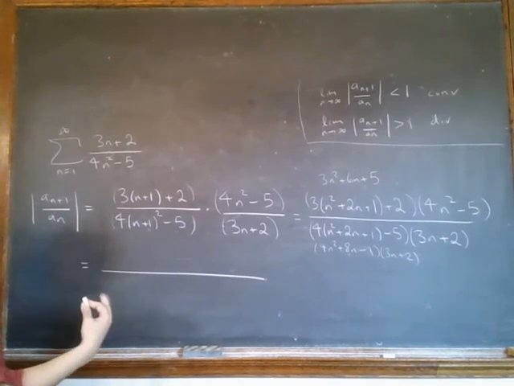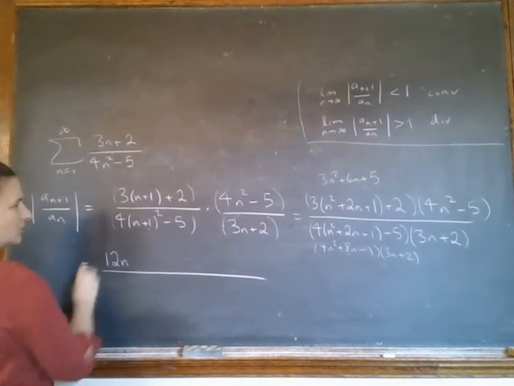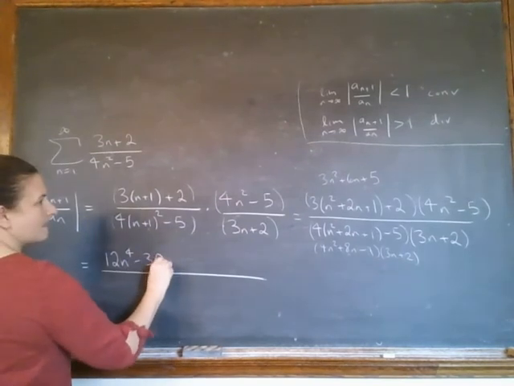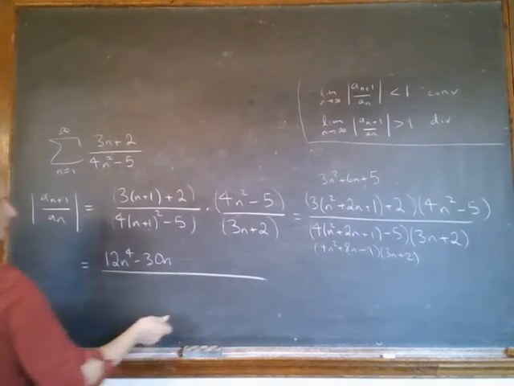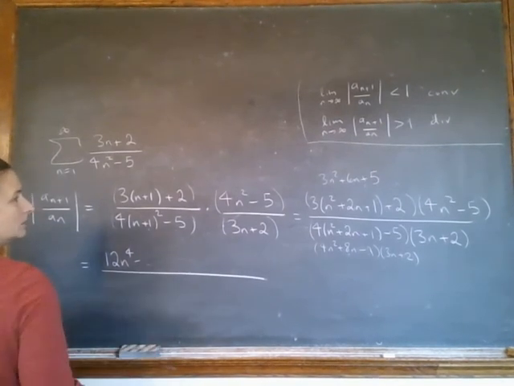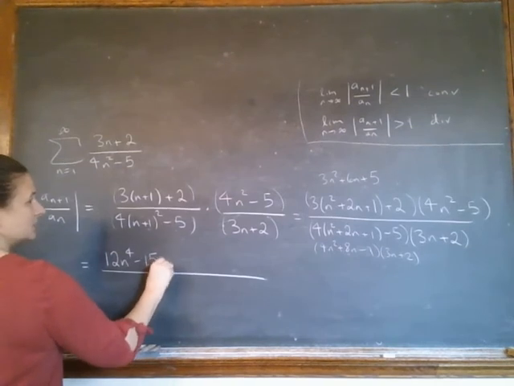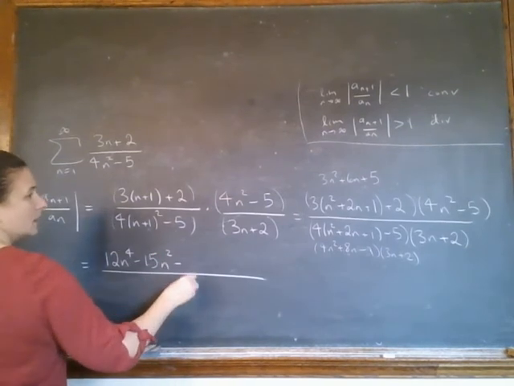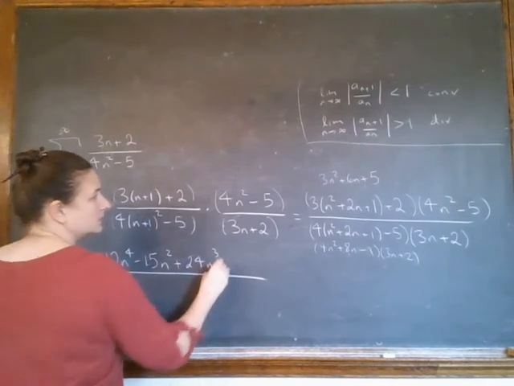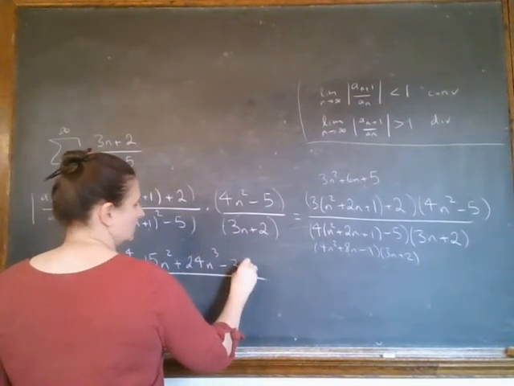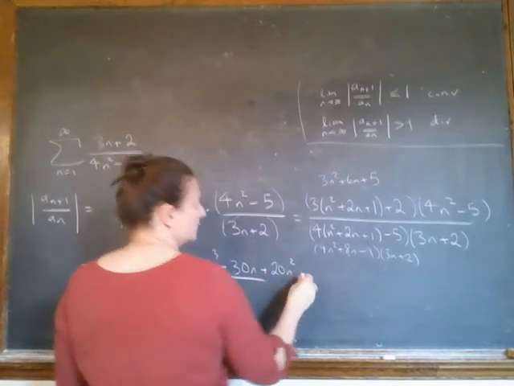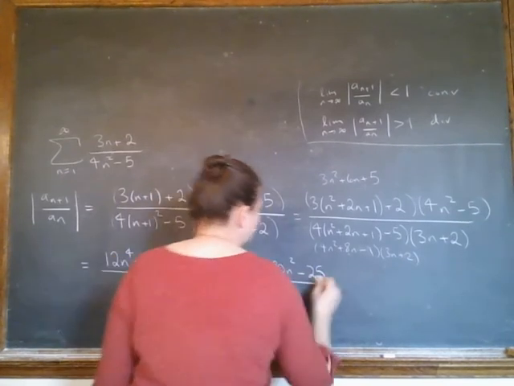No, but let's be careful, and go through at least some of these. This one minus 15n squared plus 24n cubed minus 30n plus 20n squared minus 25, whatever.